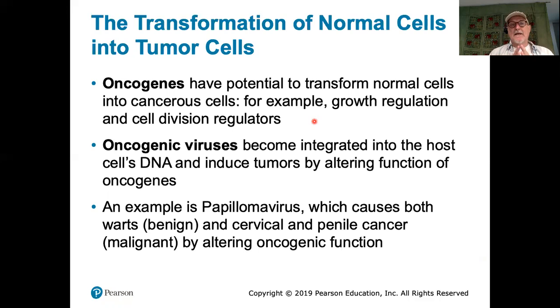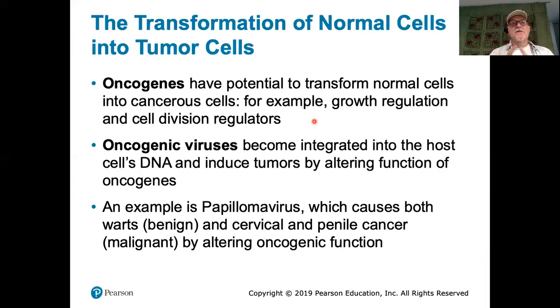In a system like that, a virus inserting nearby or into that regulatory gene inside the cell can turn that gene on permanently. So this regulatory gene, which normally only responds to the presence of the growth factor, now starts to produce its product the whole time.